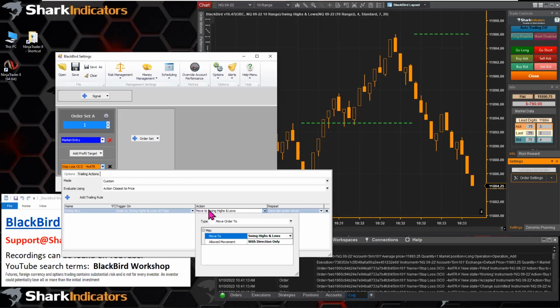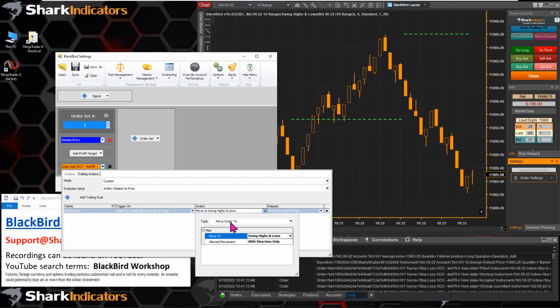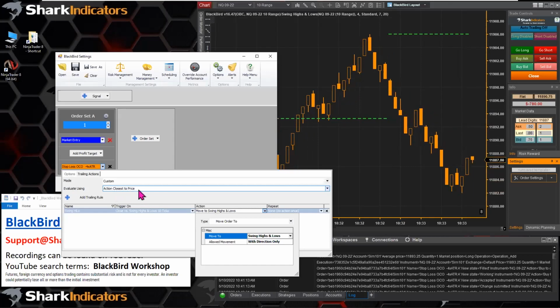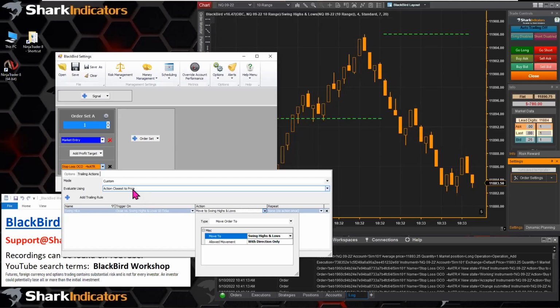It's going to calculate the price point from the action, right? And the action is saying, look at the price point of the swing indicator, and then BlackBird says, okay, I'm supposed to evaluate this by picking whichever price point is closest to the market. So if the current stop loss price is closer to the market than the swing indicator, then nothing happens.